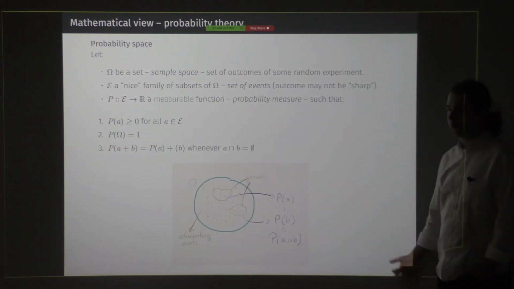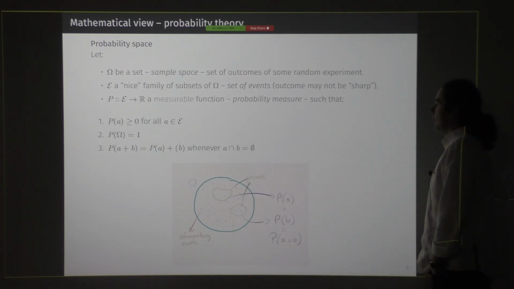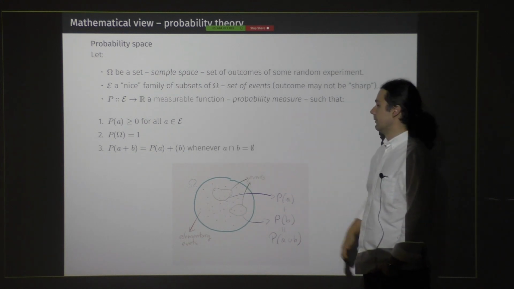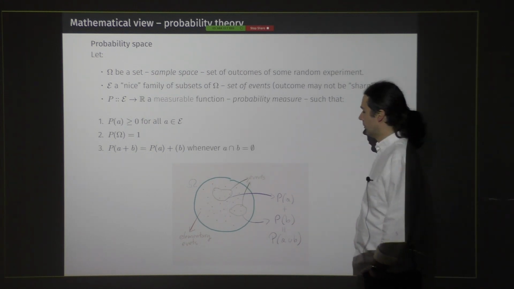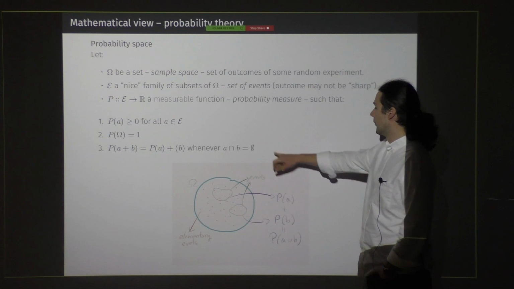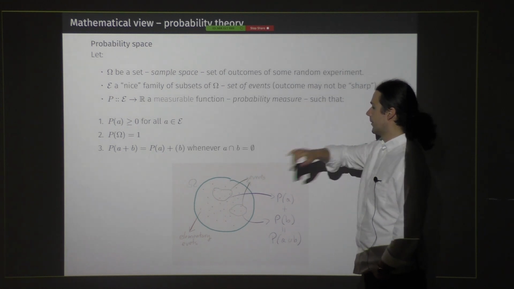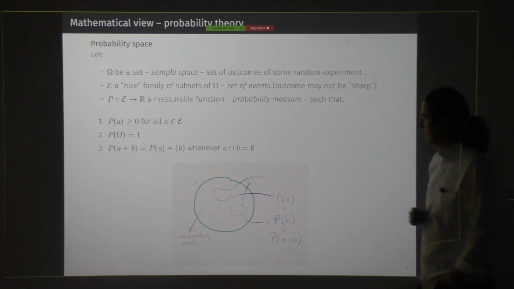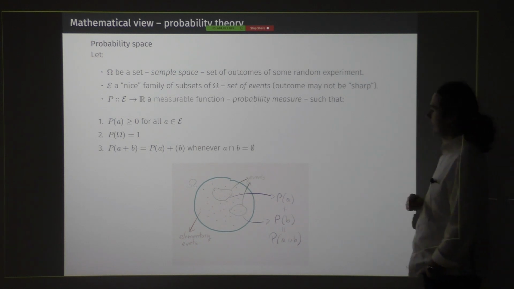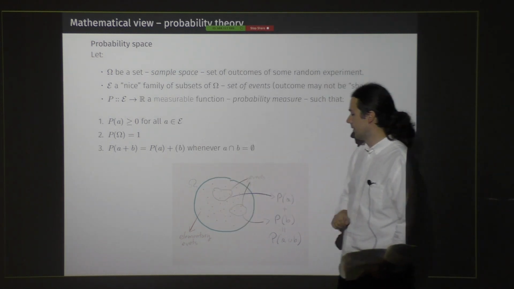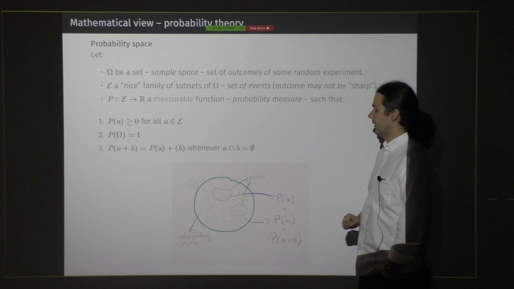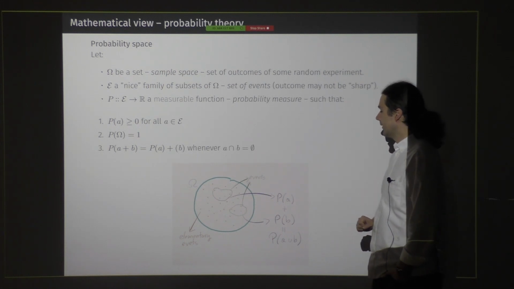It's certain. For sure we get some outcome. And the technical requirement that if we have two events that don't overlap, their probabilities sum. I mean, in this picture, to help the intuition, the omega is the set of those points. Each of these points we call an elementary event.